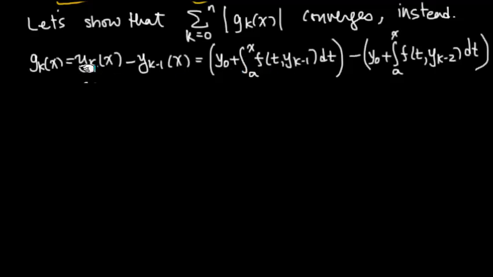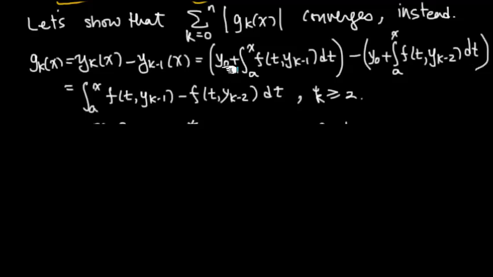So here they are. The yk under this recursive definition is this Picard iteration with k minus 1, and this one here with k minus 2. When you cancel the y0 and y0, and notice that these two integrals are in the same range, a to x and a to x, you can bring them inside a single integral.